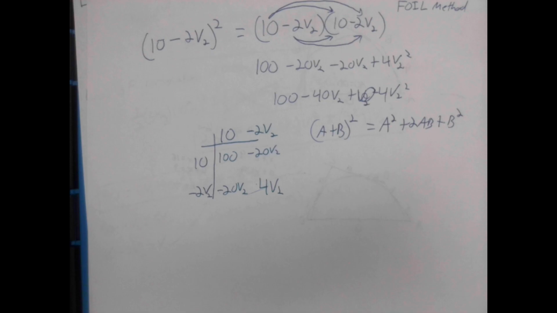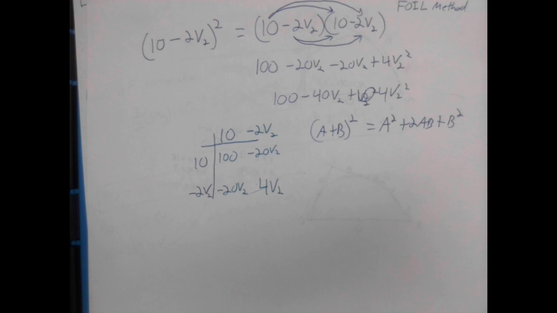And so we end up with an equation: 0 equals negative 100v2 plus 15v2 squared. Following so far? All right. So all we have to do now is solve for v2.